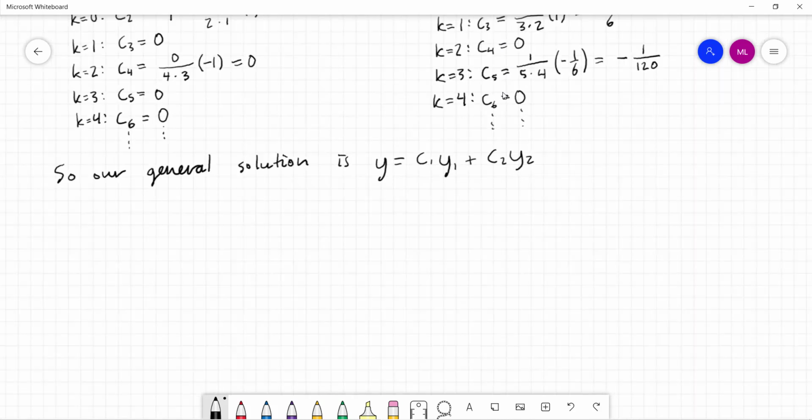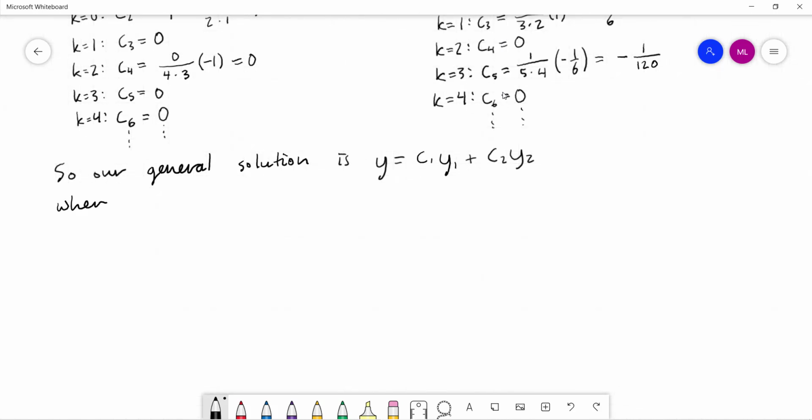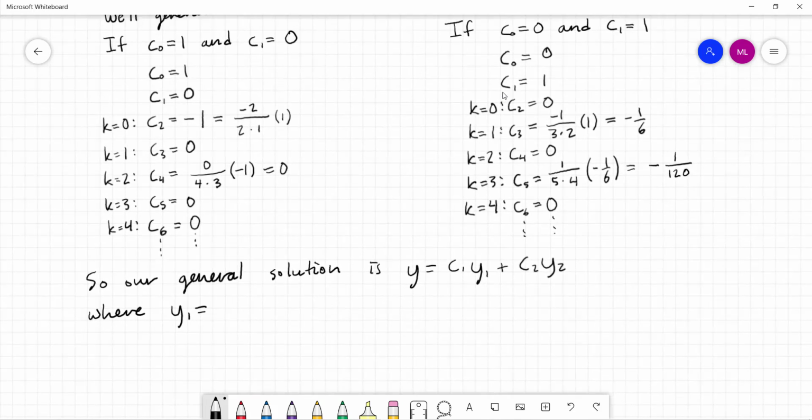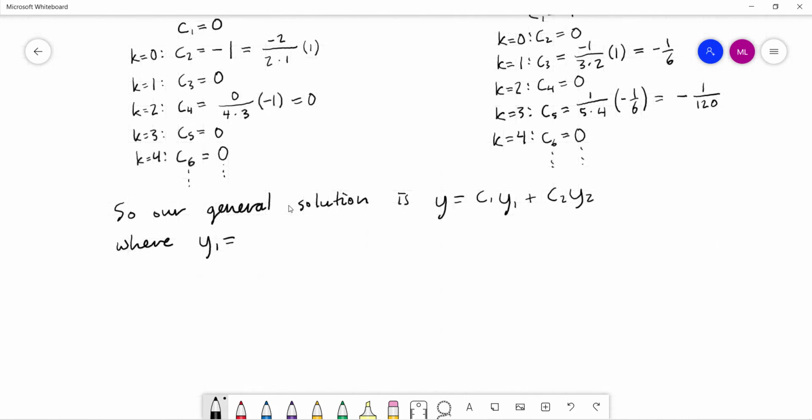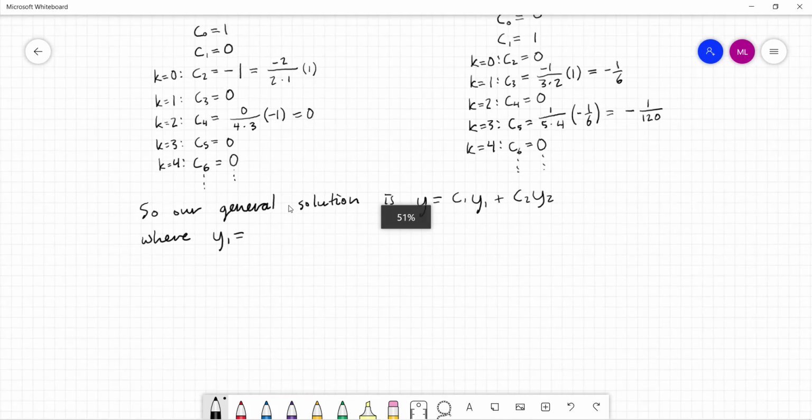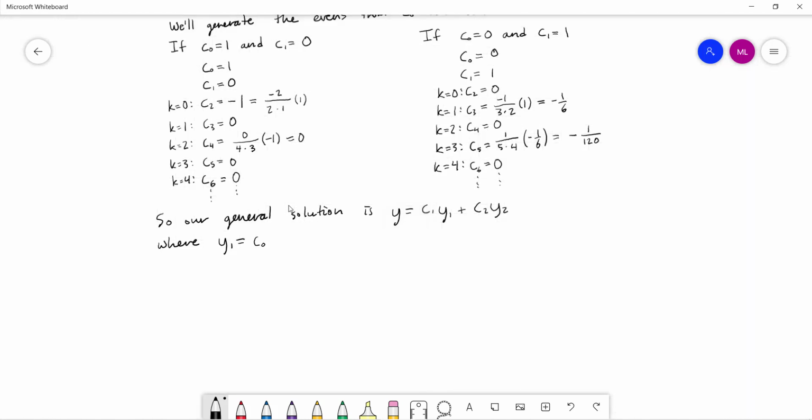So the general solution looks like this, where y1 is the solution that we found over here. What did we generate over here? So this first solution looks like, remember, it's C0 plus C1x plus C2x squared plus C3x cubed, and so on.